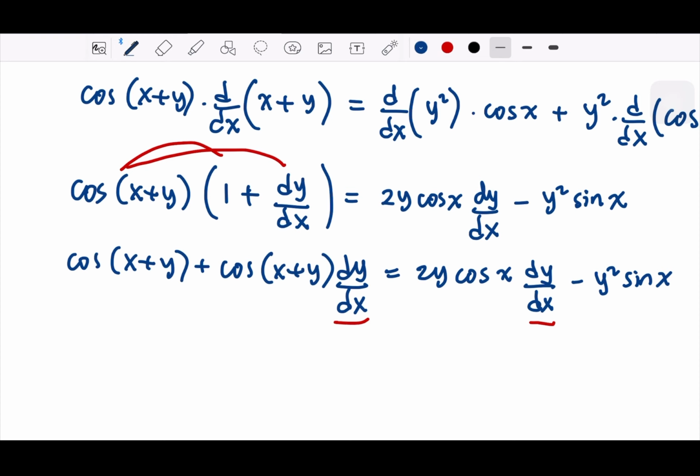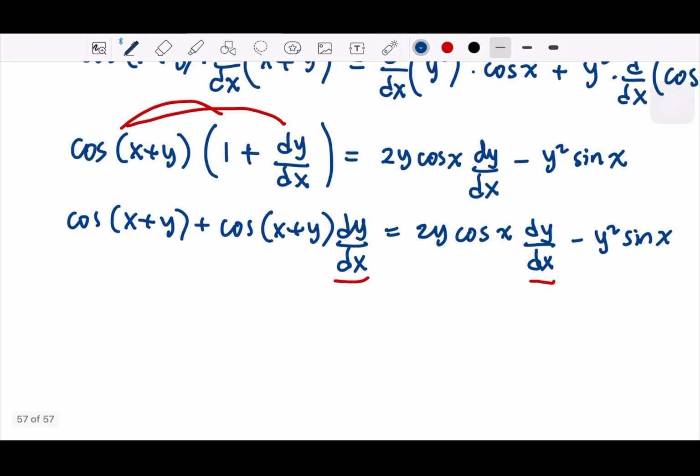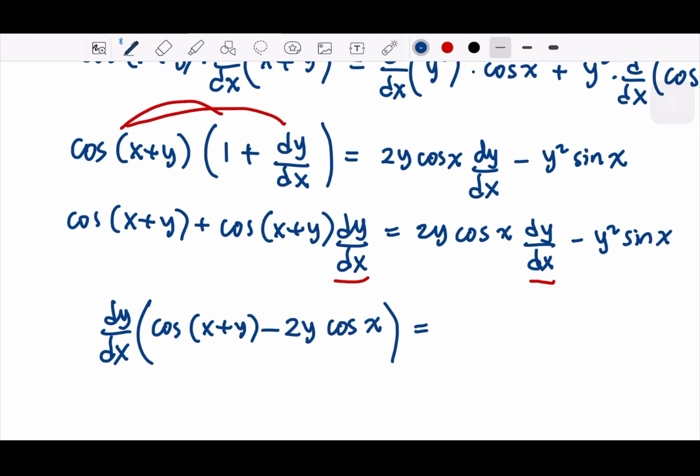So dy over dx times cos x plus y, minus 2y cosine x. This will be minus y squared sine x and then minus cosine x plus y.